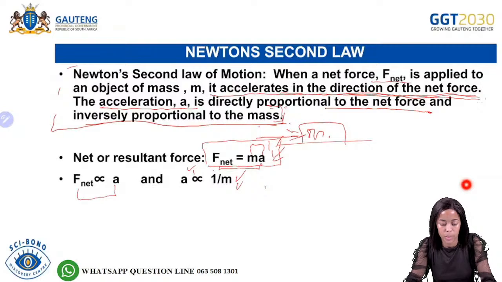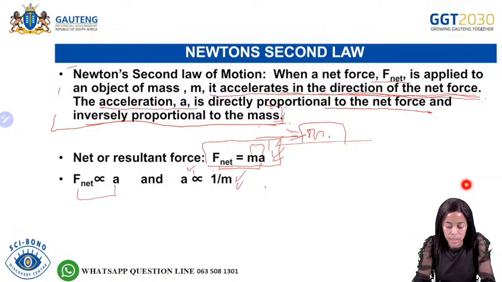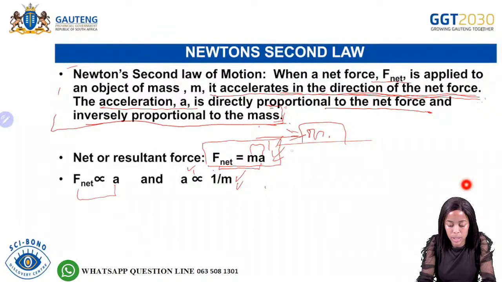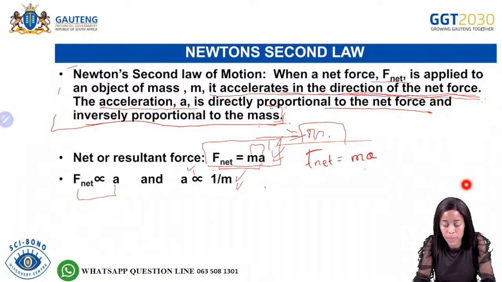Okay, so as I was saying, we are going to use the formula F net is equal to ma. So F net is equal to ma. With that formula, what you need to know is that the acceleration is directly proportional to the net force.